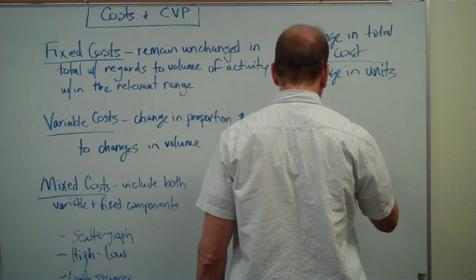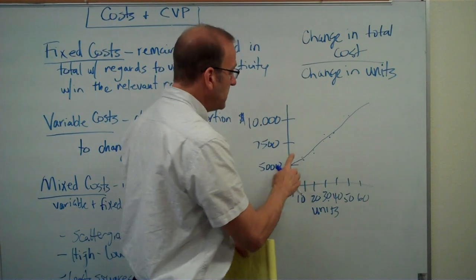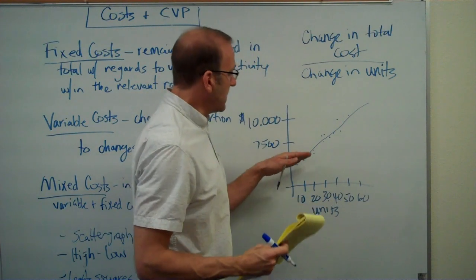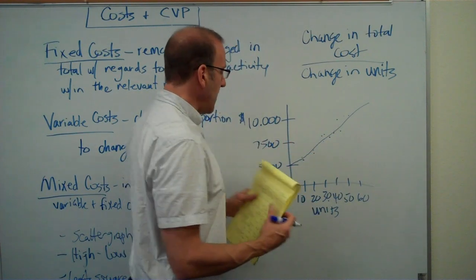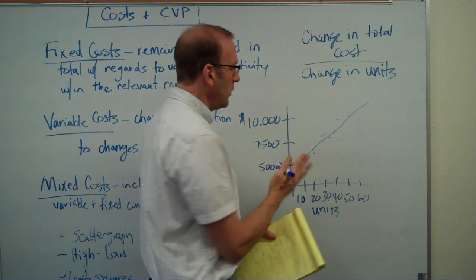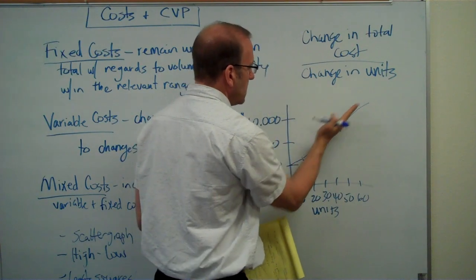So now what I do is I just put a line, the best fit line that I can. These dots were the activities that took place there. I'm going to add a few more in there. This is the activity that took place during the year. Now we just put a line that's the best fit, the line that we think would go through the majority of these or come close to most of these.